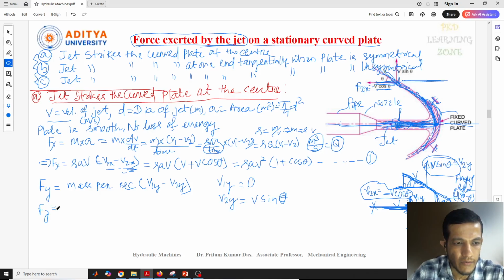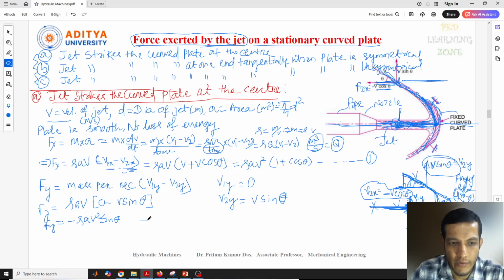So we can write Fy equal to, again, the mass flow rate, mass per second, which is rho a v, and here v1y is 0 minus v2y, which is v sin theta, bracket close. Now the minus term we can take outside, so we get minus rho a v square sin theta.